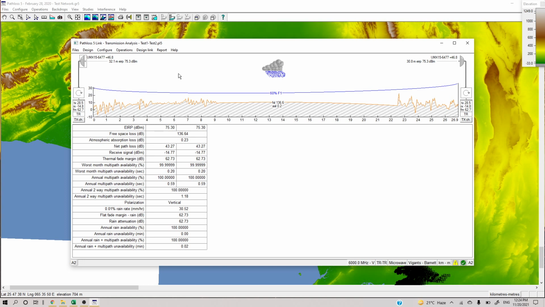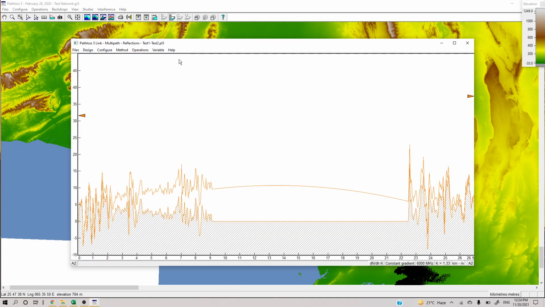If anyone wants to plan a link on a water body, then he should go into more detail and see what are the exact places where he should put his antenna.